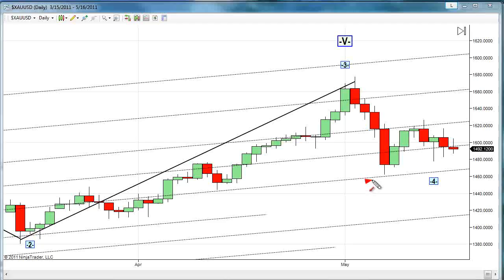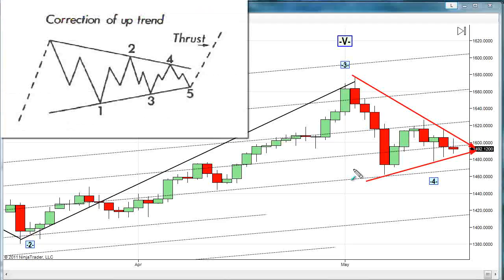Now, on a triangle correction, unlike a straightforward ABC correction, rather than it being composed of A, B, and C, according to Elliott Wave, and I put the print up yesterday, I'll go ahead and put it back up today, but on a basic triangle correction, what you get is a little bit different, because what he believes is it is composed of 5 legs. And then on the conclusion of the 5th leg, you get what is simply called a thrust line.